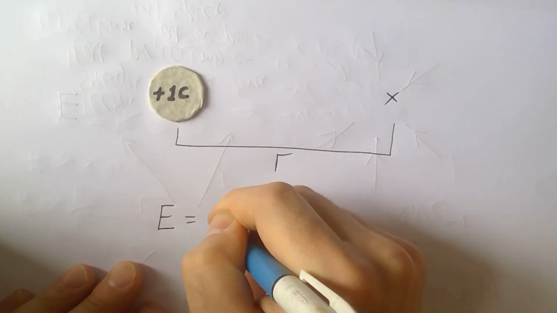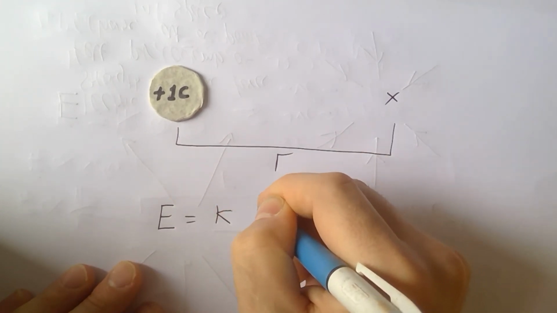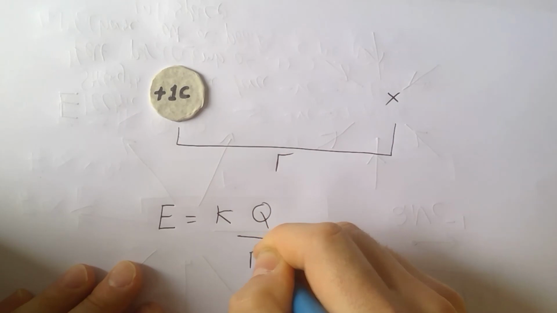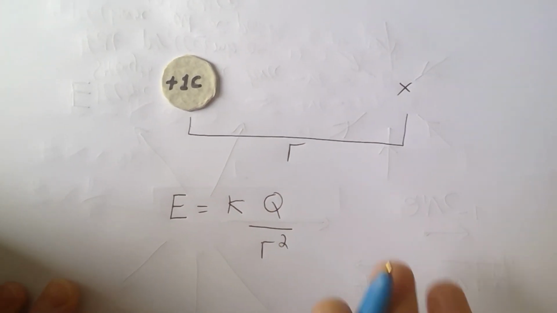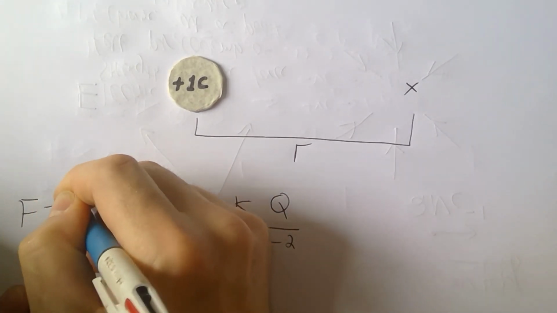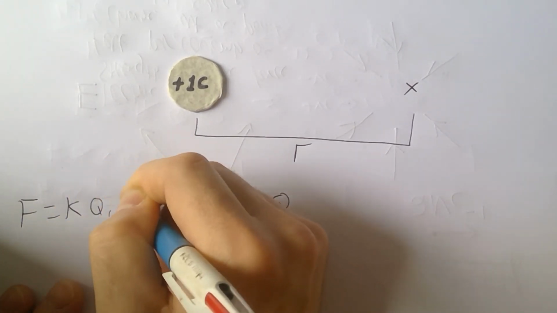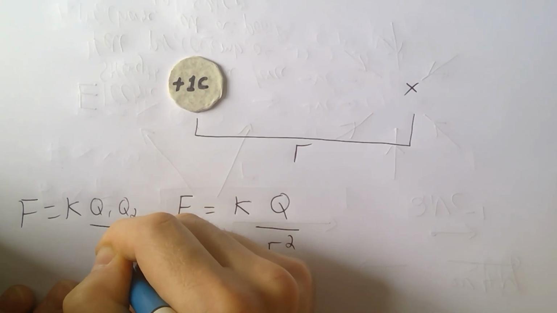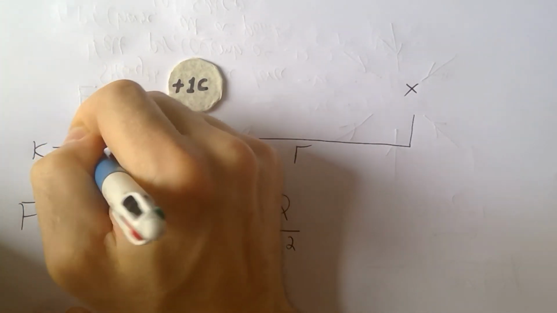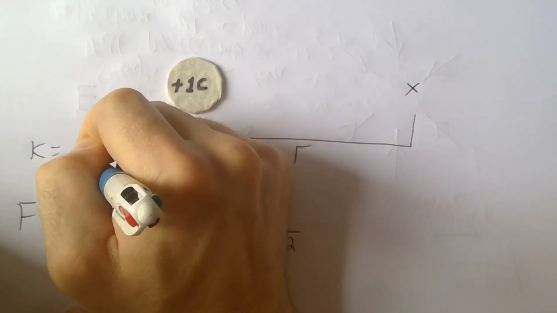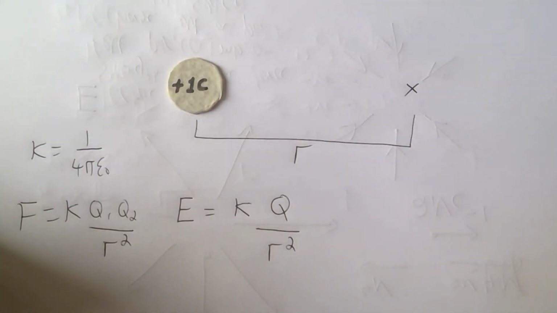E equals K Q over R squared. Very, very similar to the force equation, which was F equals K Q1 Q2 over R squared. Again, remember K here is 1 over 4 pi epsilon naught.